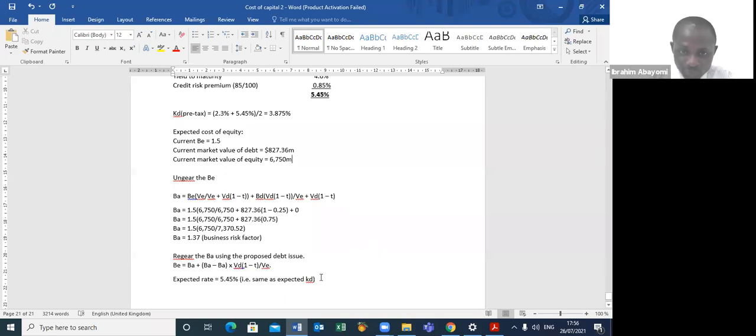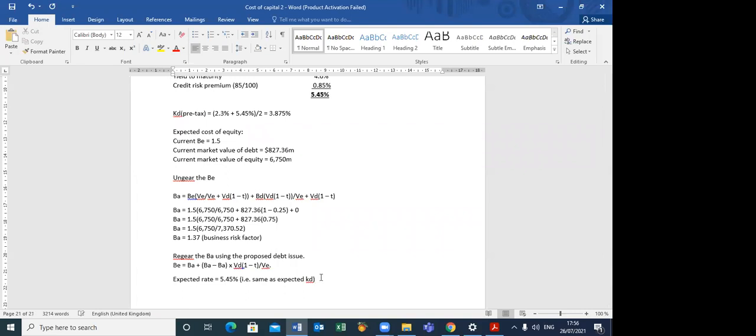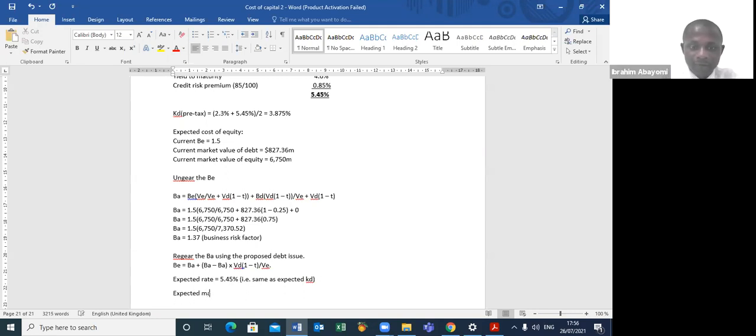Now, let us prove this. Let us compute our market value of debt. Expected market value of debt. Let's compute that. Now, I need my interest, and my interest is 5.45% of how much debt are we issuing? $2,400 million.